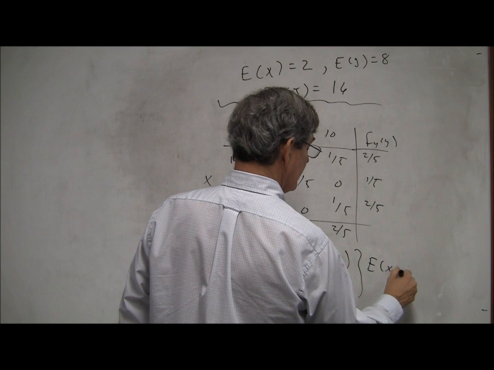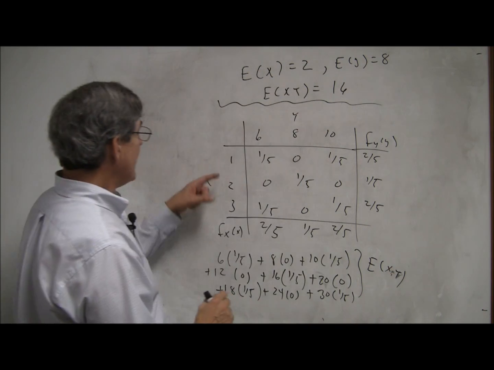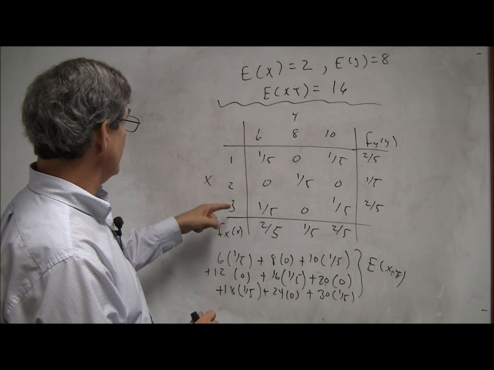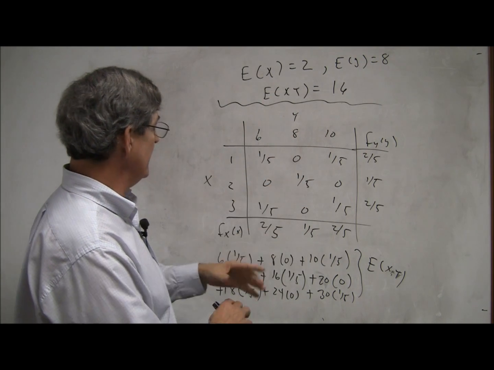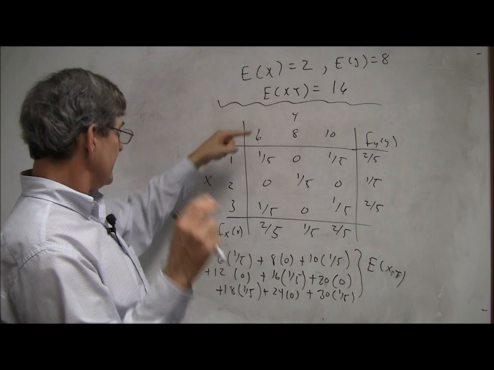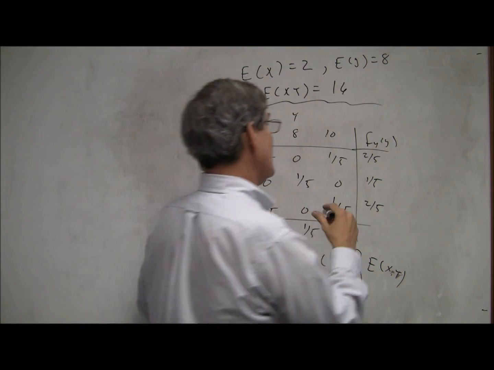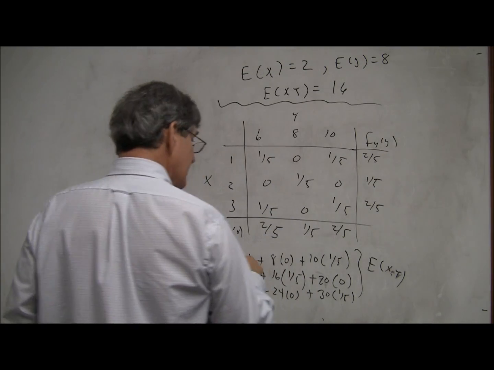You just take x times y times the probability, x times y times the probability, x times y times the probability, add them all up. That's how you get this number. And if I add all these up, how many fifths do I have?